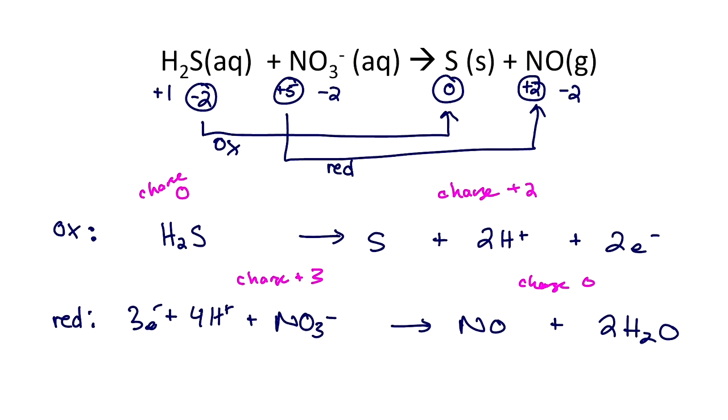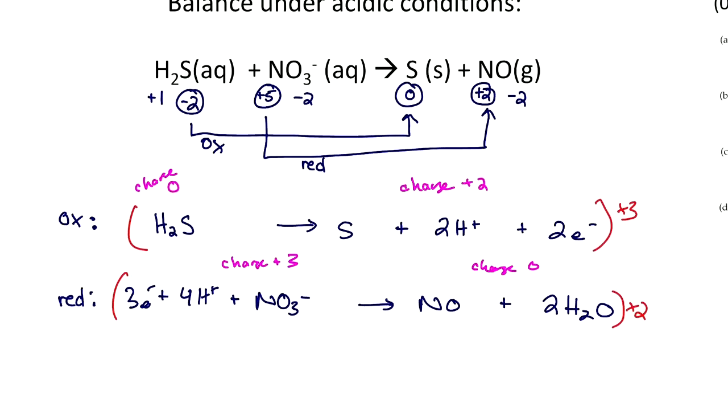So I'm going to multiply that oxidation half reaction by 3, and then the bottom one, the reduction reaction, by 2. So I'm going to change all of the coefficients here. I'm just going to write what the new coefficients would be because I'm lazy. So H2S, there's a coefficient of 3.